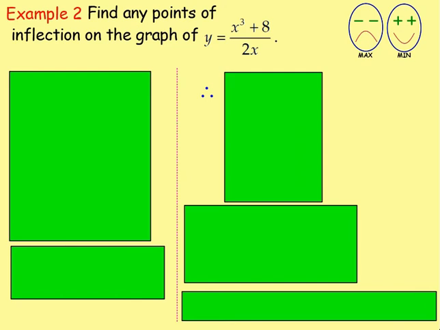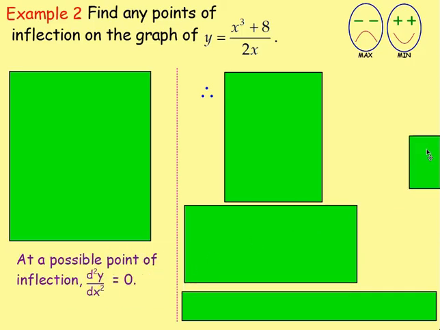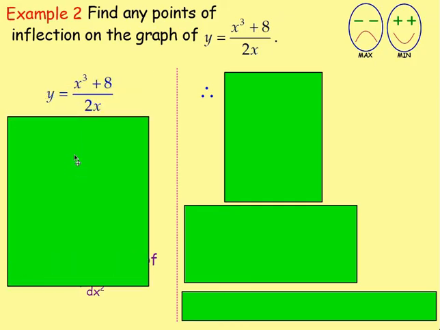Example 2, find any points of inflection on the graph of y equals x cubed plus 8 over 2x. Once again, you're thinking, for a possible point of inflection, d2y by dx squared equals 0. And you're perfectly right. So you have to find that second derivative. So we're starting off with y equals x cubed plus 8 over 2x.